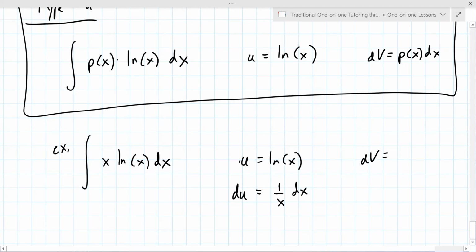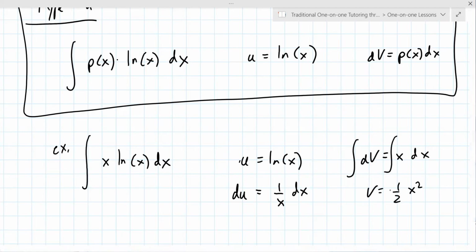And the dv is, as I mentioned, x dx. And it feels like we're going the wrong direction because when you integrate, you get a 1/2 x squared over here. In the previous type, you want the degree of the polynomial to go down, but here it went up. So it feels like it's wrong, but that's why I'm telling you, when you get this type, do this, it works.